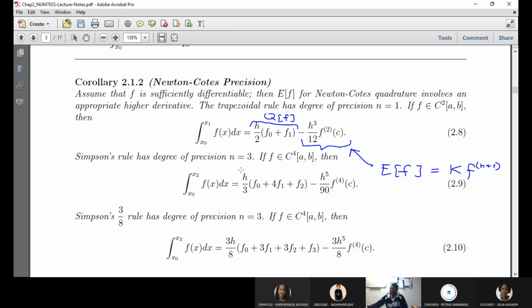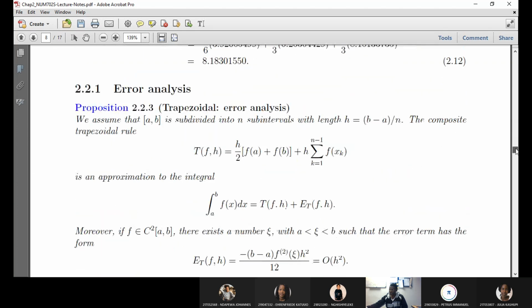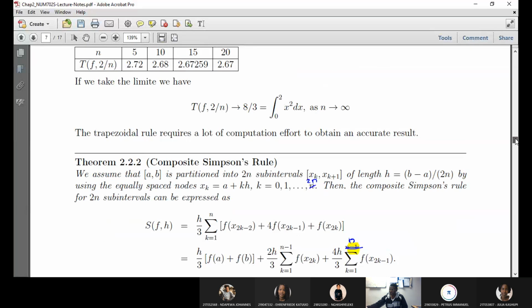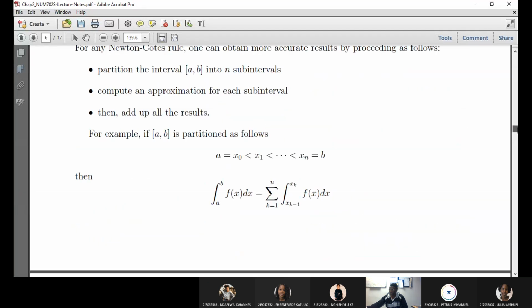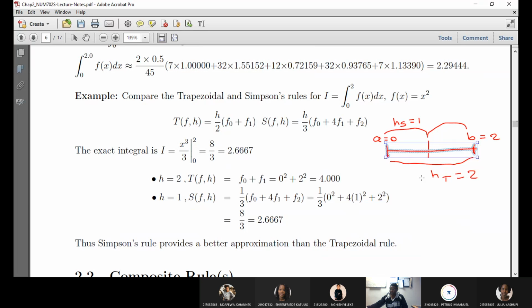So it's h by 3, and then this weighted sum, f sub 0 plus 4 f sub 1 plus f sub 2. h is 1, so 1 by 3, f sub 0 plus 4 f sub 1 plus f sub 2.